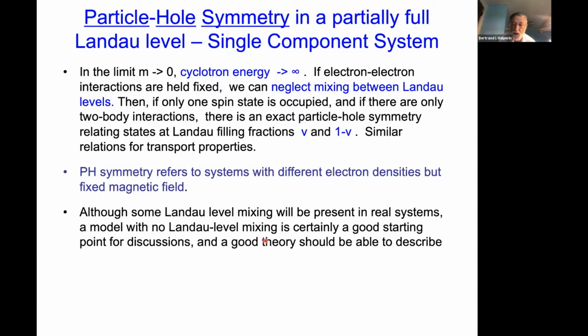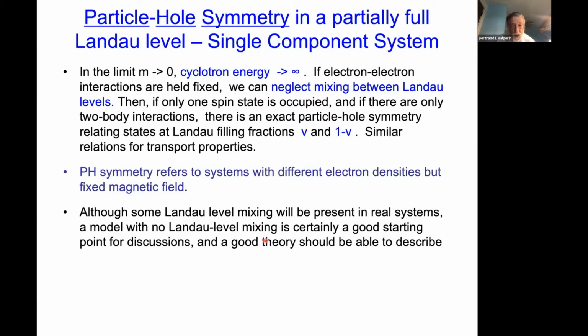And that's why you can so easily talk about holes in a filled Landau level, or electrons in an empty Landau level, or a certain density of holes, a certain density of electrons, and you can go back and forth between these descriptions. Now, mathematically, this symmetry applies to the exact mapping between the energy differences between different states, excited states, ground state, and there are some other consequences for transport properties.